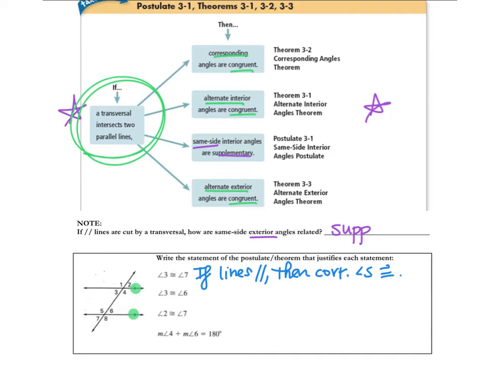Okay, angle 3 and angle 6, how are they related? They're alternate interior. How are alternate interior angles related when the lines are parallel? Again, referring up there, this should make sense, but just while you're getting used to it, you can use that little chart. Those are congruent because if lines are parallel, then alternate interior angles are congruent.